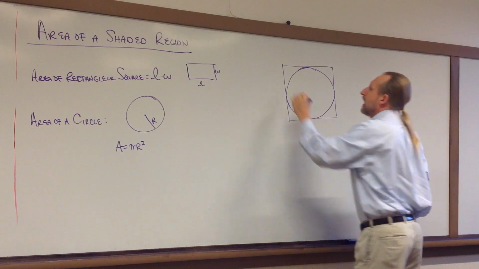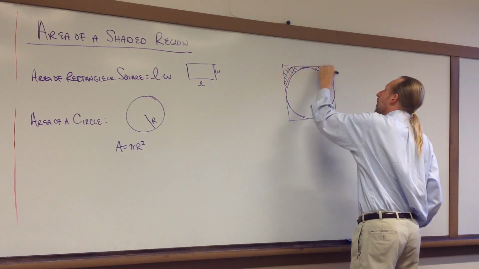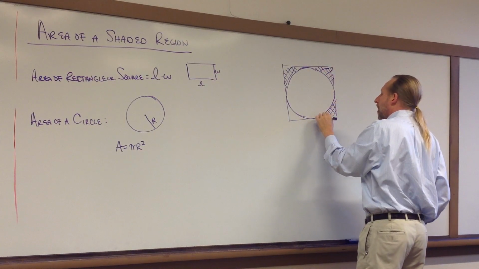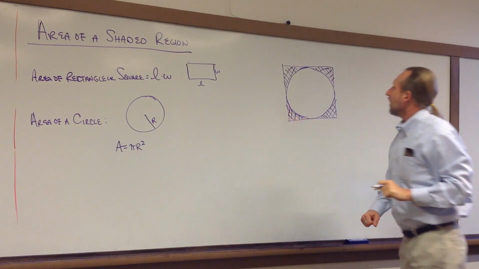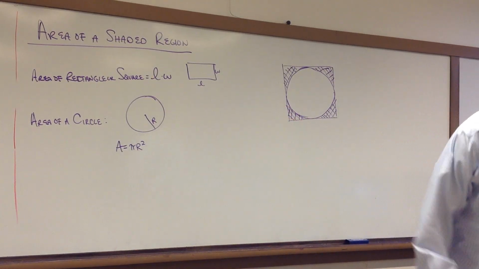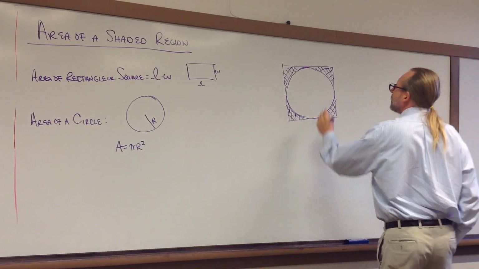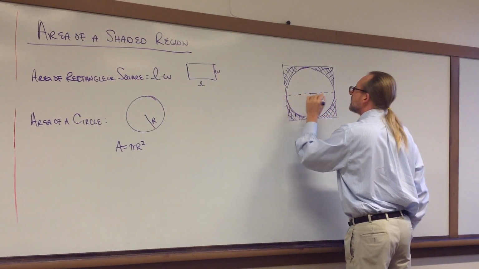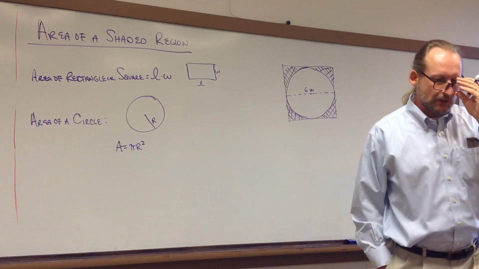Okay, and then the shaded region is the corners. Let's get some dimensions on here. The way that this is labeled is we've got the center of the circle there, and that's 6 inches across.